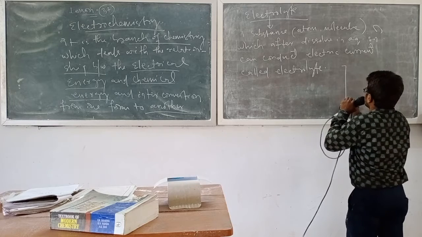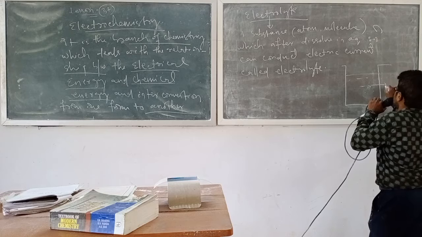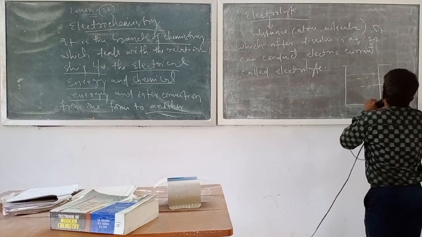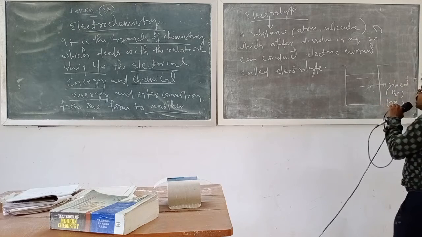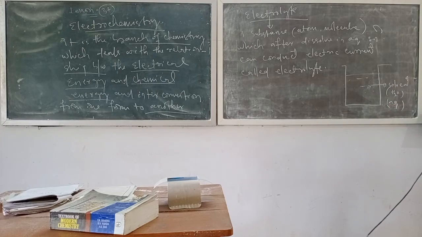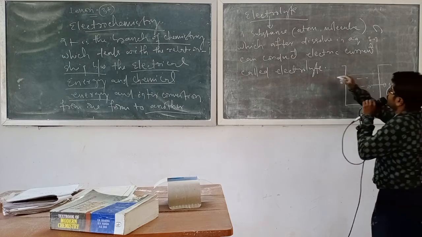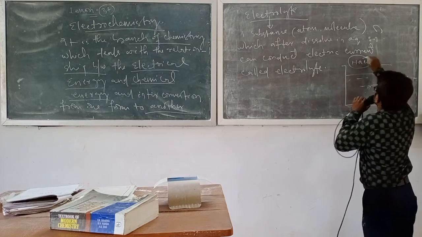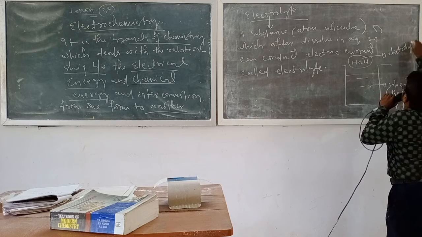Suppose I take a solvent. This is the solvent, and this is the solvent with water. This is aqueous form. Water generally means aqueous form. After adding what? NaCl. Suppose NaCl is an electrolyte.